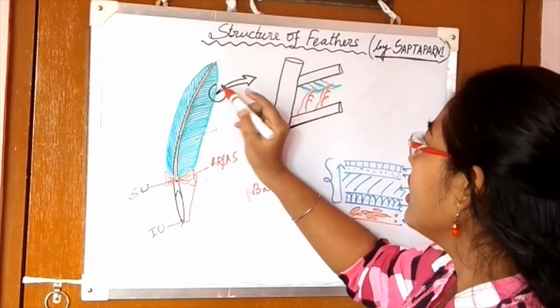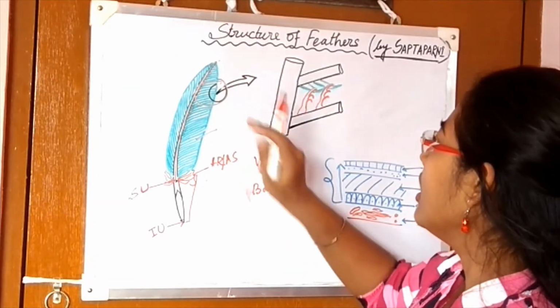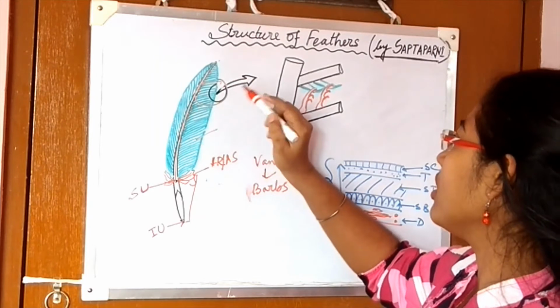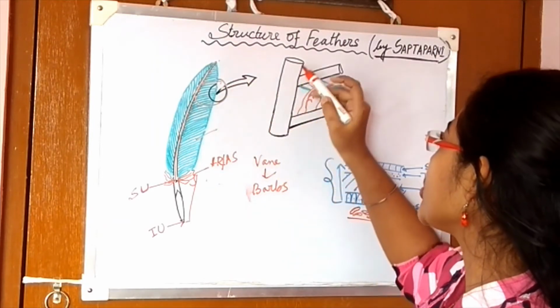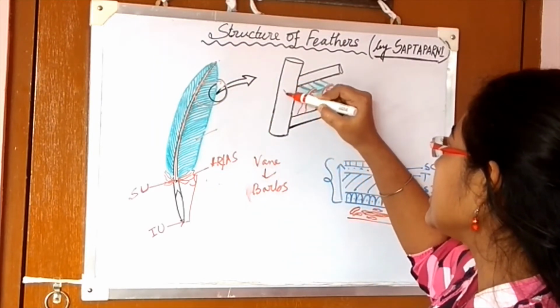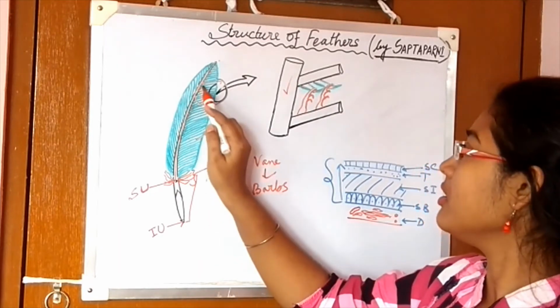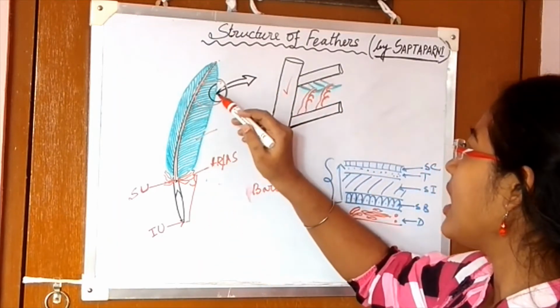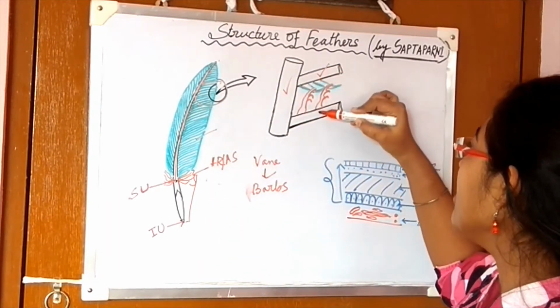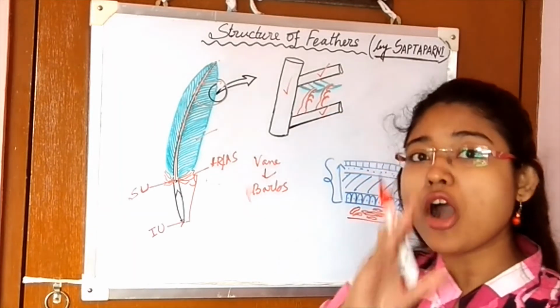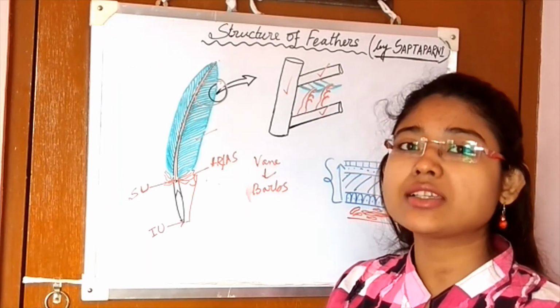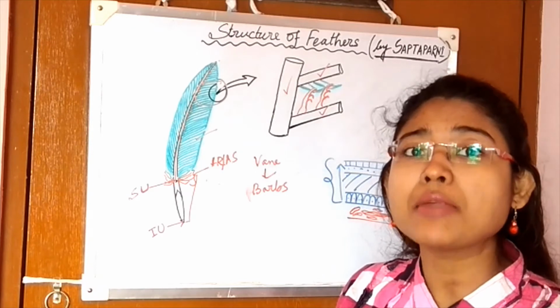Okay. So if we magnify this portion, you will find that this is the shaft or rachis here, the middle portion, and then this is one barb, this is another barb, and from the barb arise two layers of barbules.